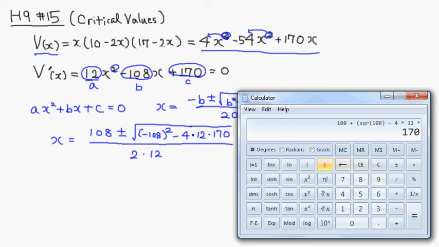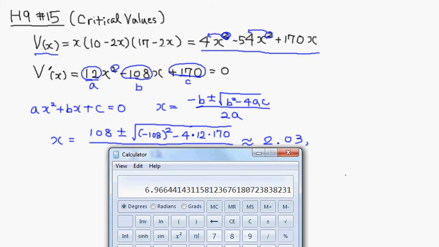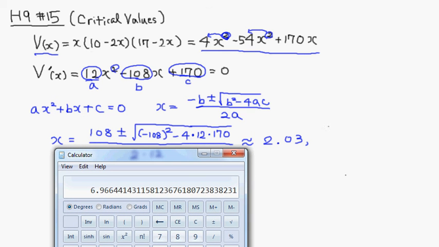That's the whole numerator, divided by 24 again. You can see that we got 6.97, so it's about 6.97.